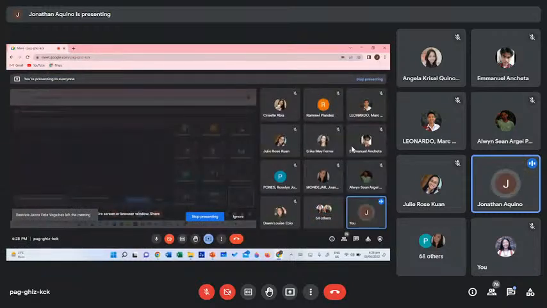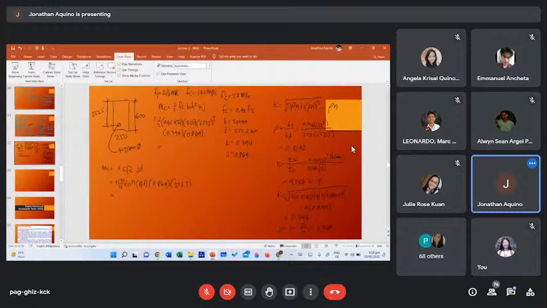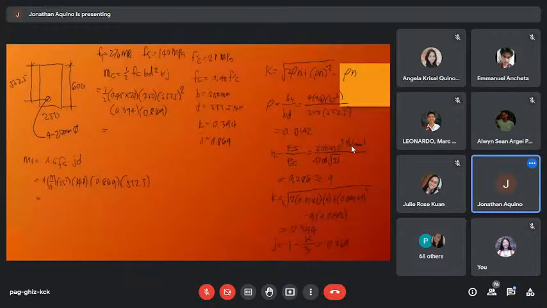So can you solve for MS? Anybody? Okay, so for MC, it's 123.46.